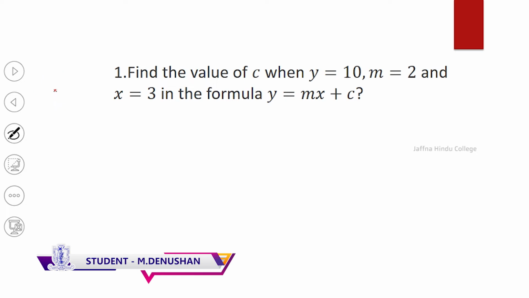Here we have to find the value of c when y is equal to 10, m is equal to 2 and x is equal to 3 in the formula y is equal to mx plus c. We can find the value directly. Now we can substitute.